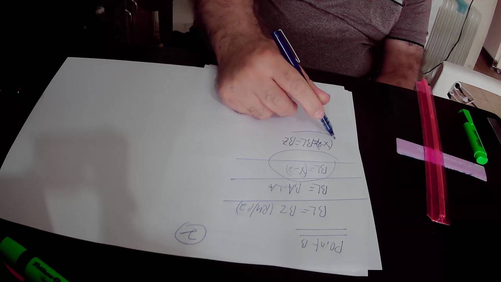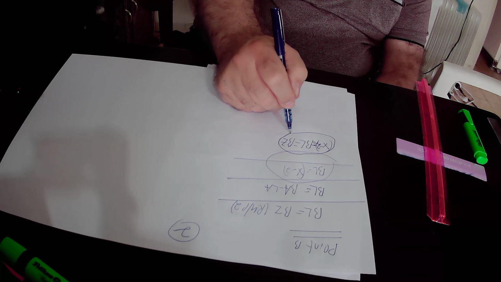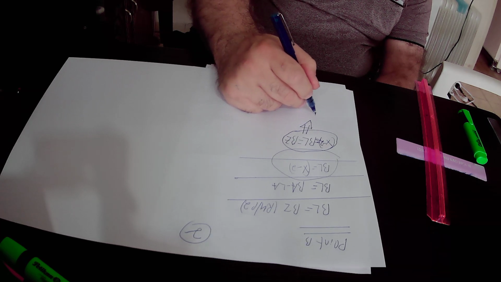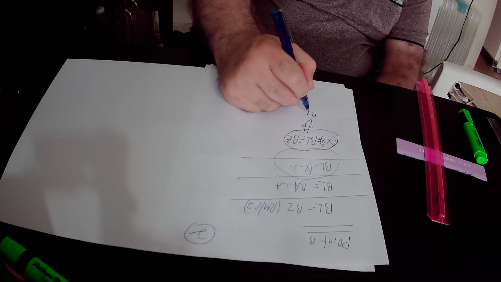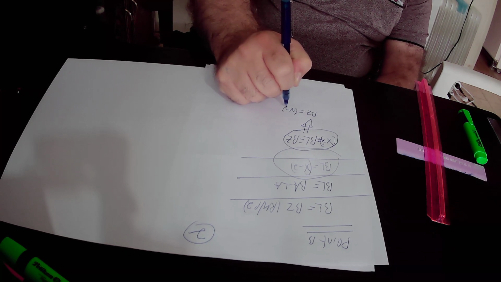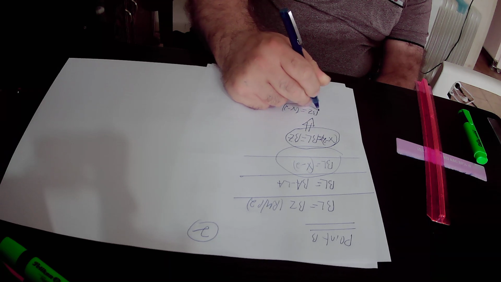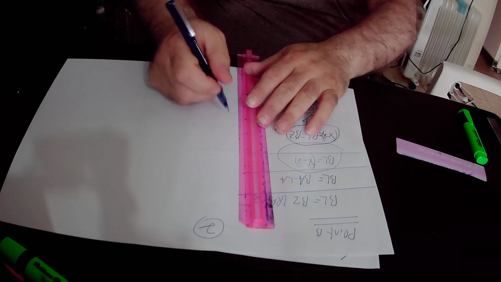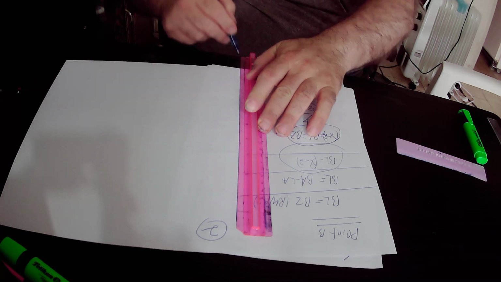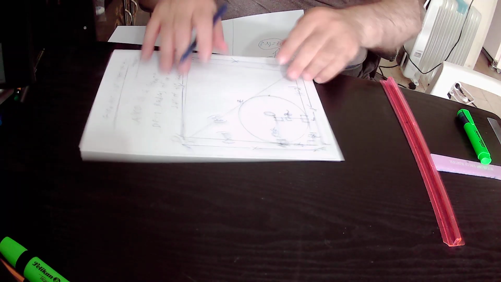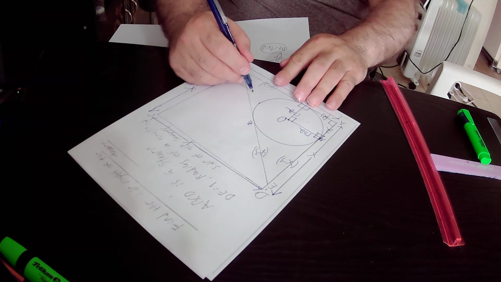And from this equation, x minus 2 equals BL equals BZ, we derive that BZ is also equal to x minus 2. BZ equals x minus 2. We can write down here that PZ equals x minus 2.